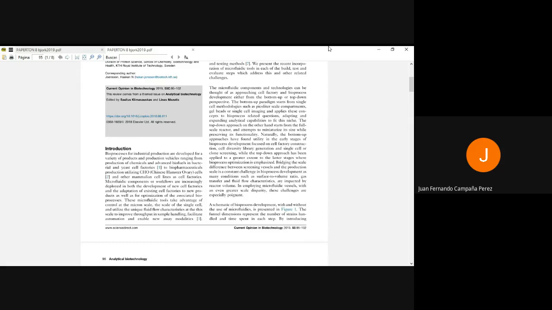So the bottom up means starting from single cell methodologies such as picoliter scale and applying these concepts to bioprocess related questions. The top down approach, on the other hand, starts from the full scale reactor and attempts to miniaturize its size while preserving its functionality.